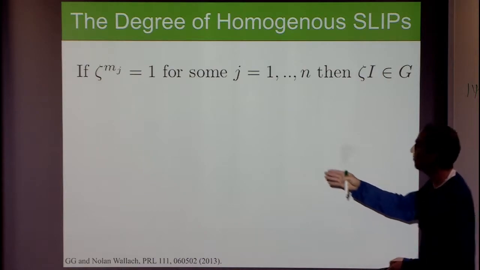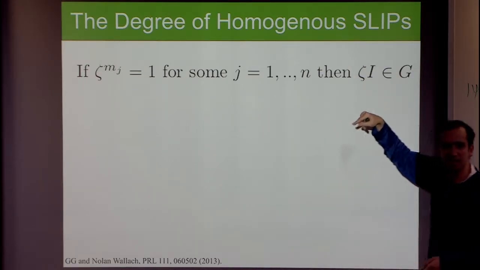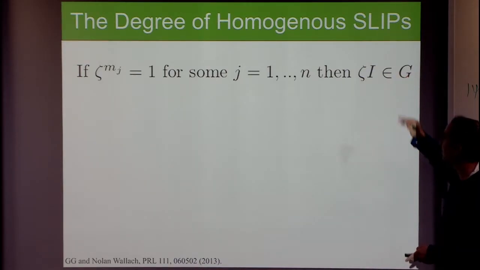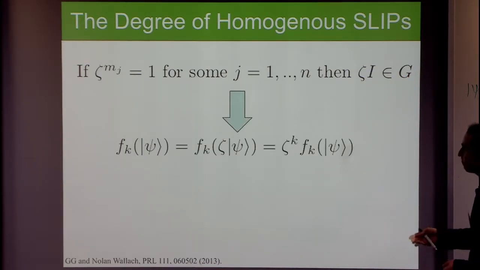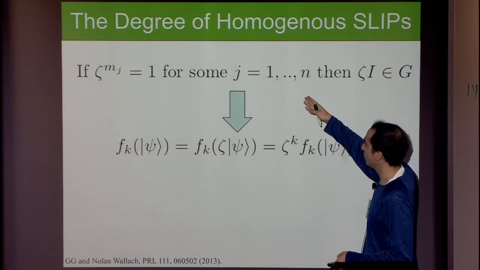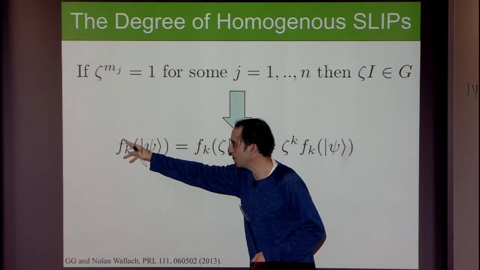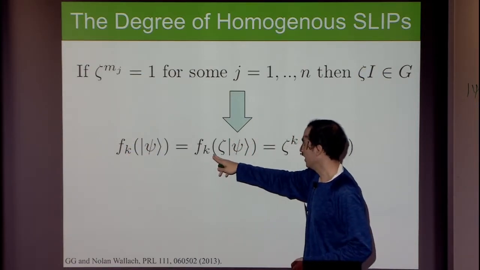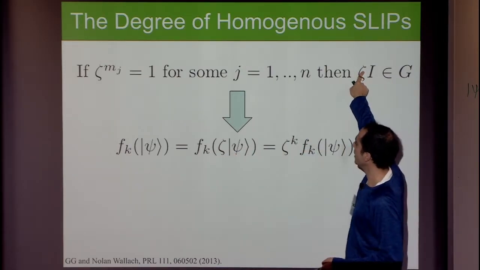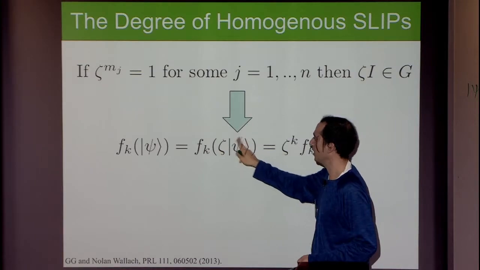The next thing is what the possible degrees of these polynomials are. So that's simple. If I take this as an element of the space H, which is C^m1 tensor C^m2 up to tensor C^mn. So if I'm looking at a state and I want to calculate, suppose I have a polynomial of degree k, then if this is a root of unity that satisfies this relation, it implies that it's in G. And because this is an SL invariant polynomial, we have this relation.